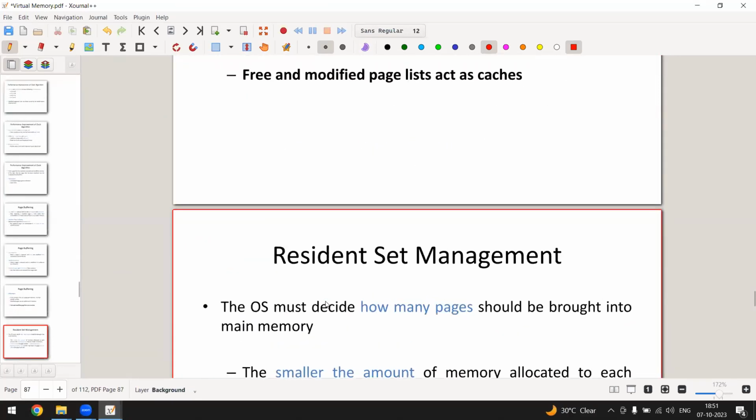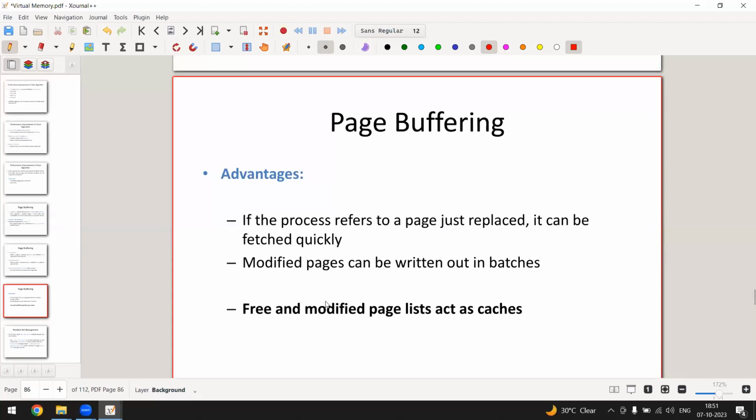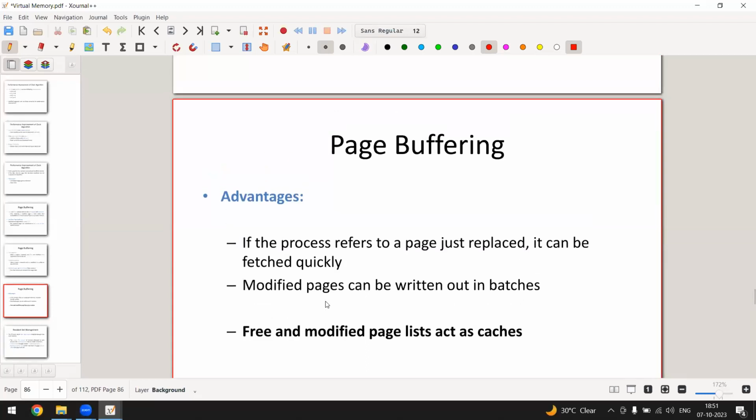Definitely page buffering has advantages. If the process refers to a page that was just replaced, it can be fetched quickly, because the page was never actually removed. That is why you can easily bring it back.